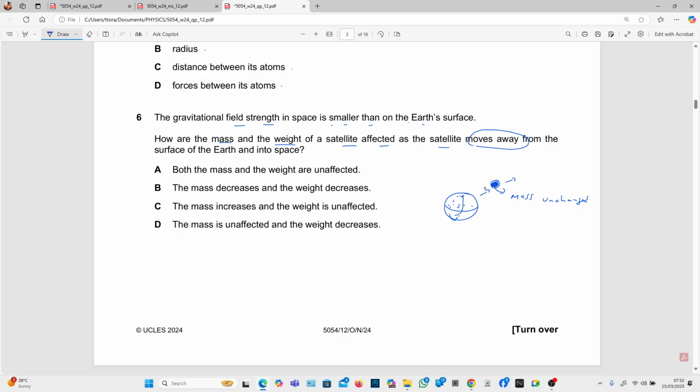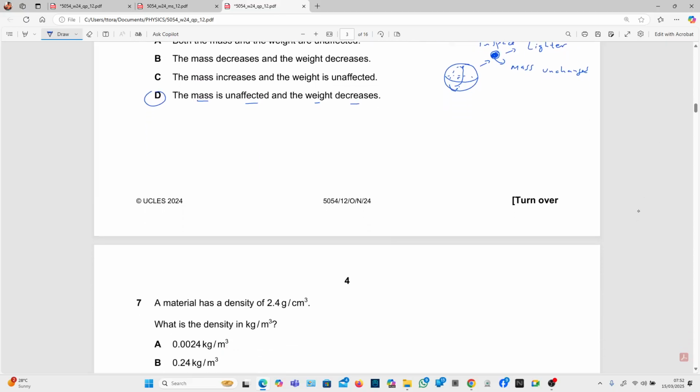As you move away from the gravitational force, the weight is going to decrease because it becomes lighter. You remember when you float in space? So here we are. The mass isn't affected and the weight decreases. So the answer should be D for that question.